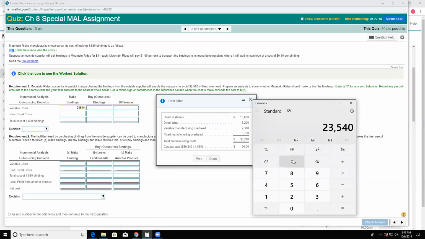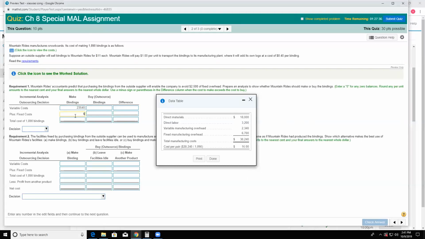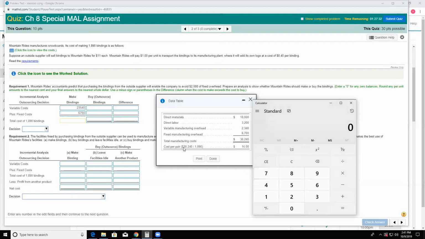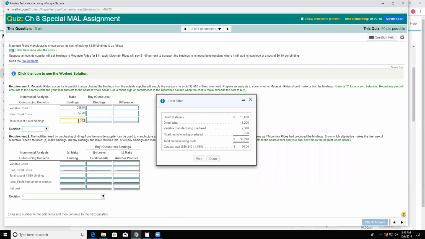The fixed manufacturing cost is 6,700. If you add those two, you should get the total cost, but I'll double check. 23,540 plus 6,700 gives me 30,240, right?